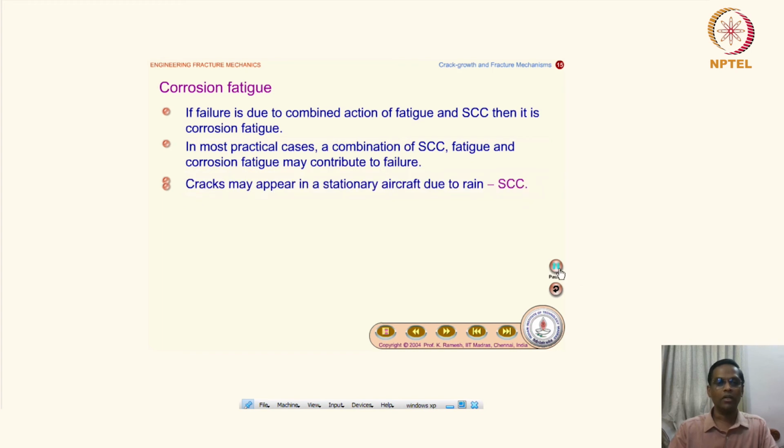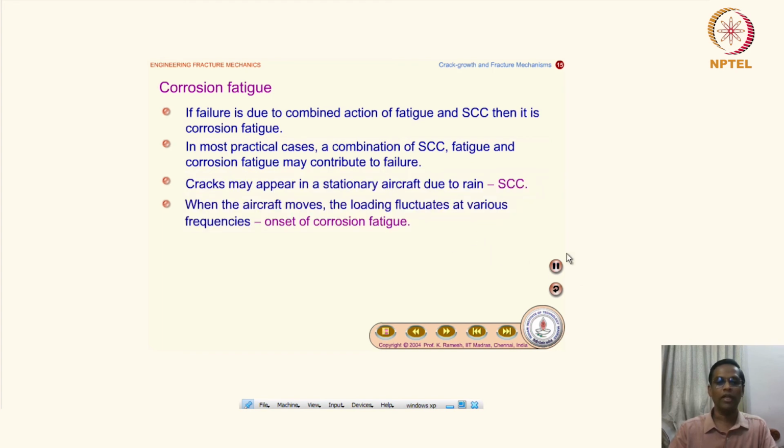The other crack growth mechanism is corrosion fatigue. If failure is due to the combined action of fatigue and SCC, then it is corrosion fatigue. That means cyclic loading in an aggressive environment. In most practical cases, a combination of SCC, fatigue and corrosion fatigue may contribute to failure. Cracks may appear in a stationary aircraft due to rain, that is stress corrosion cracking.